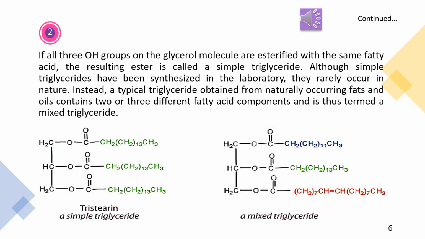So, how is a simple triglyceride formed? If 3 OH groups are present on the glycerol molecule and these 3 OH groups are esterified with the same fatty acid, the resulting ester which is obtained is called a simple triglyceride.